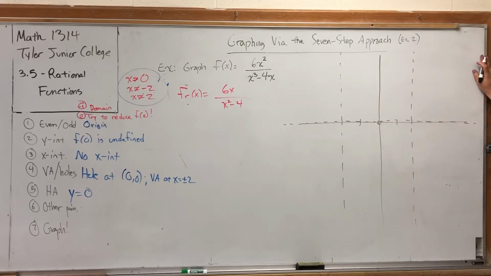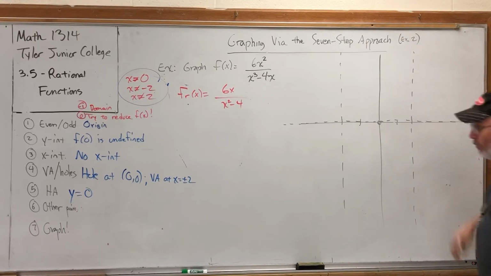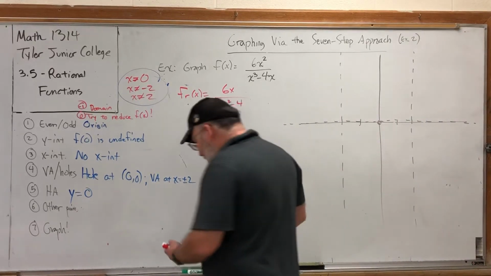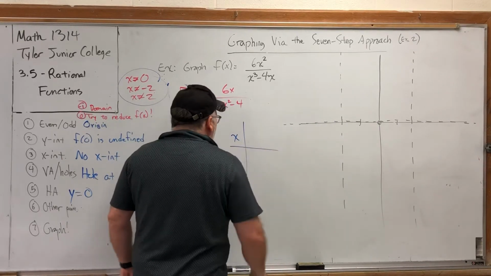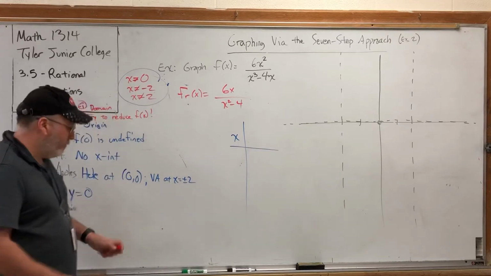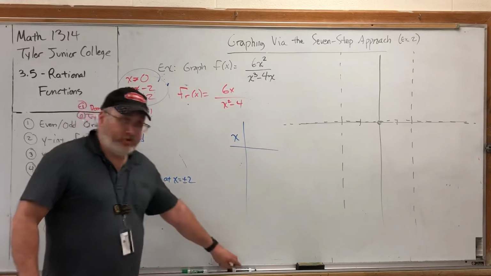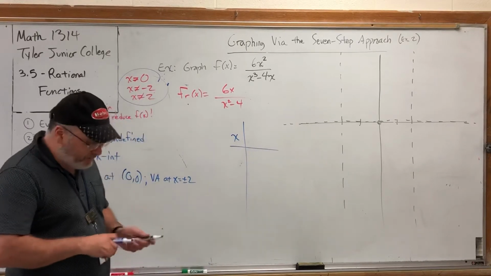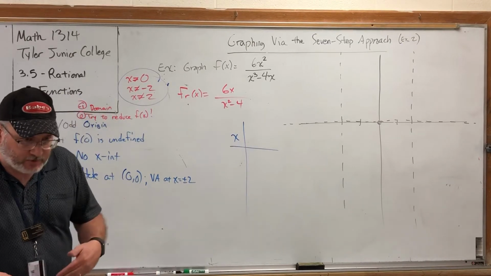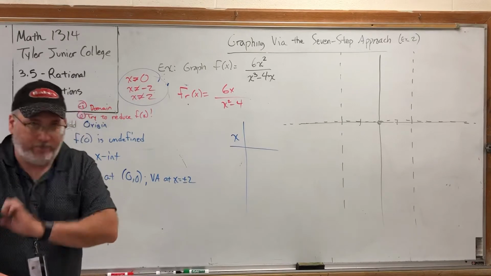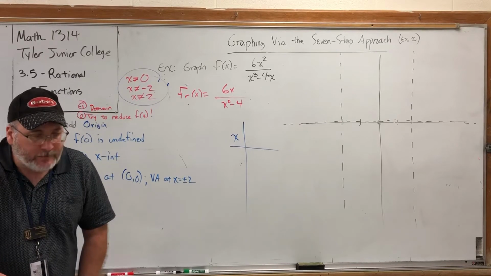We don't have a lot to go on. We just got a hole that the graph tries to go through. We need a lot more evidence. So here's an example of where we need so much more evidence. Now, do we use the original or the reduced? The reduced, because the only difference between the original function's graph and the reduced function's graph is possibly a hole, or there could be more than one hole.